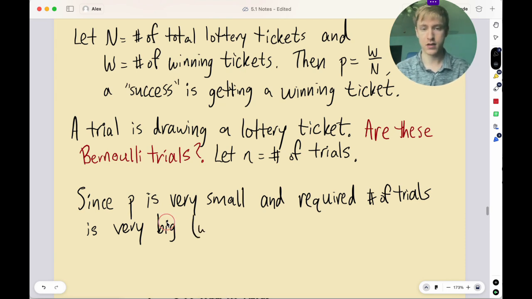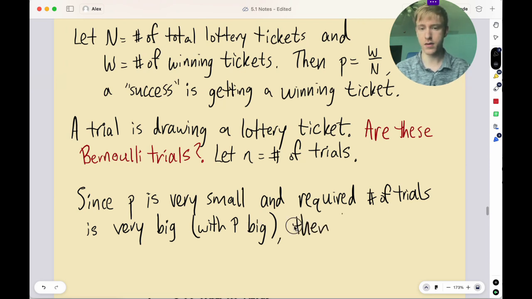Okay, especially if you want the probability of winning to be big as well. So 30% likelihood, okay, maybe not so big, but if you want a winning ticket with probability 90%, then yeah, it's not going to happen without a large number of trials.